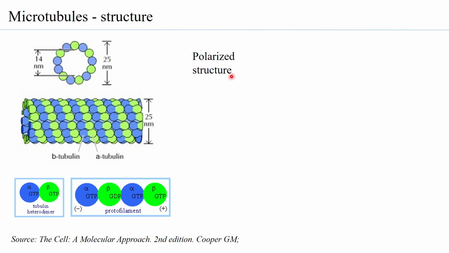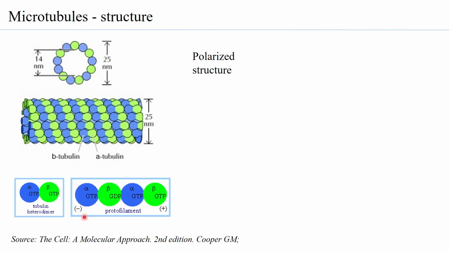And also one other thing to be noted is that the alpha GTP tubulin end is what is called the minus end, and the beta GTP tubulin end is what is called the plus end. So that also is polarization. But the question that comes up over here is, why have we called this the minus end and this the plus end? We do definitely understand polarization in terms of structure.